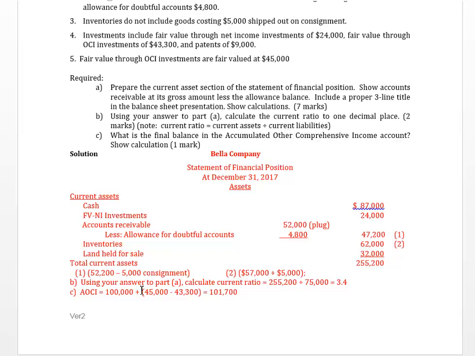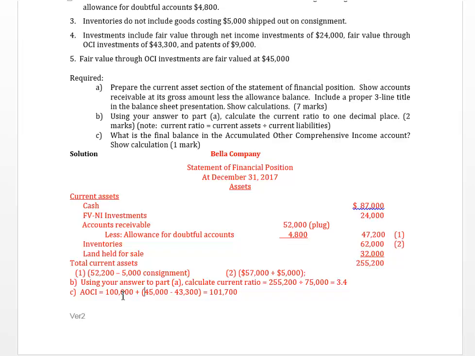And we had an increase, or a gain. It was sitting at 43.3, but now we need to make sure that if we did the long-term investment section of the statement of financial position, we showed it at 45,000. But I didn't ask you to do that section. But you needed to remember that that increase in value gets included in your AOCI.